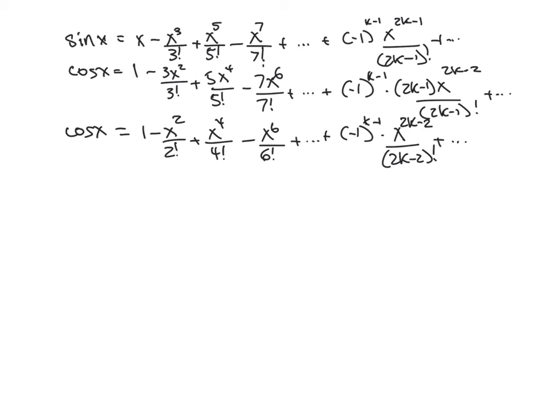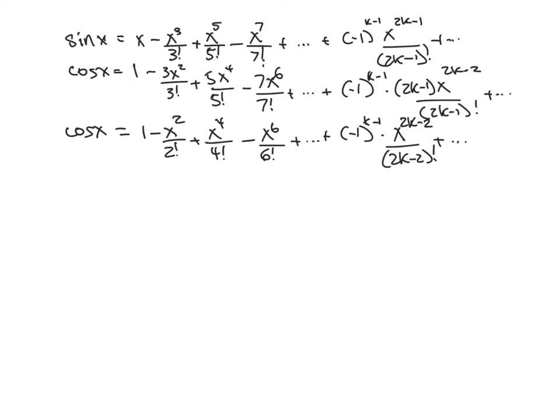This time it's the even powers of x, starting with x to the 0 or 1 over the exponent factorial, and note that 0 factorial is 1. And so we have 1 minus x squared over 2 factorial plus x to the 4th over 4 factorial minus x to the 6th over 6 factorial, and so on. And this is another very important formula to know.